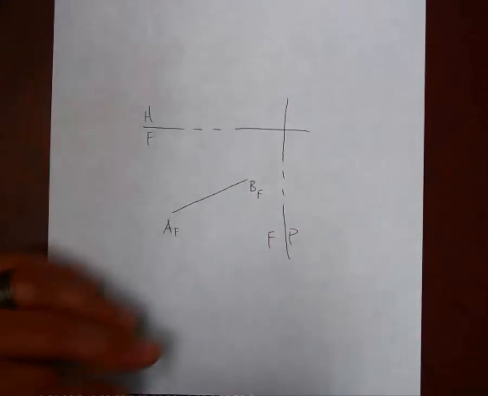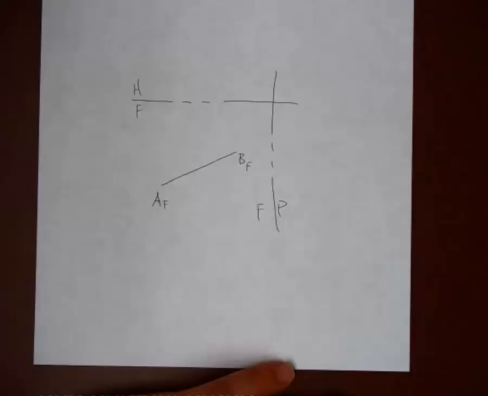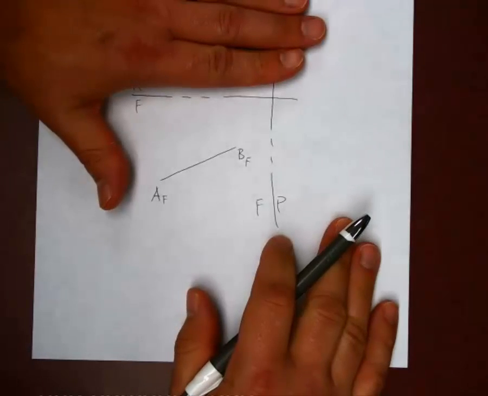Can I measure the slope of that line? Remember, it's a trick question. It won't be true. Maybe. That's a good point. So not only does it have to be an elevation, it needs to be a true length. So just given what I have here, you could. I don't know. I really don't know.